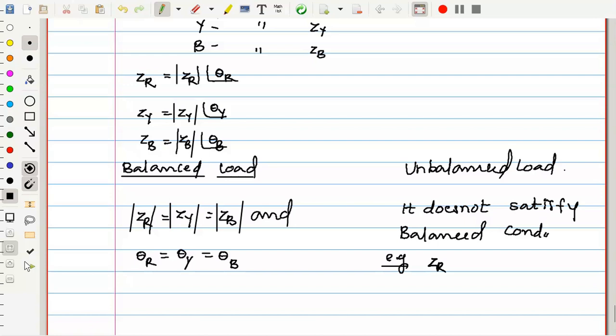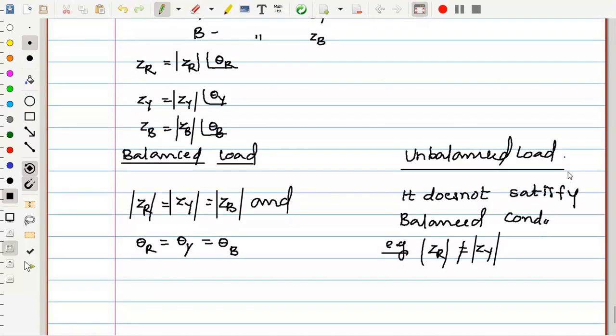If the ZR magnitude is not equal to ZY but all the remaining conditions are satisfied, then it is unbalanced. If angles are not equal, unbalanced. If any one of these conditions fails, then it is unbalanced.